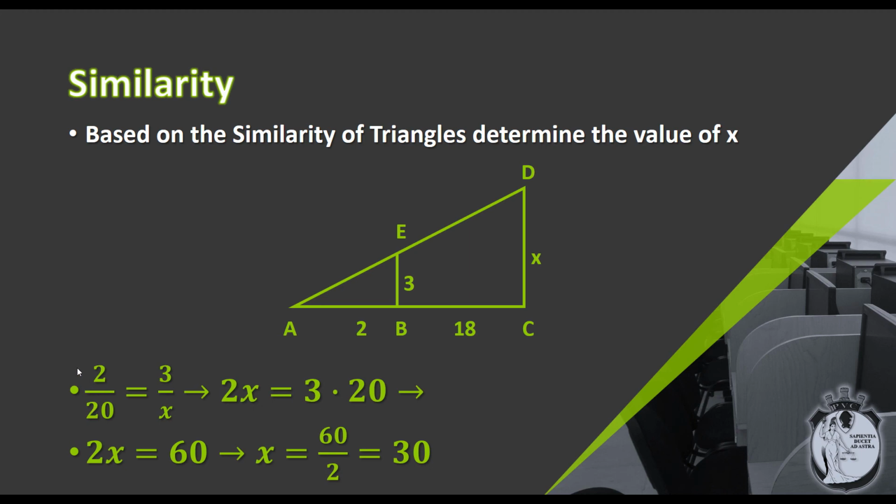So it means that the bigger triangle is 10 times greater than the smaller. So if you have a value of 3 here, you need to calculate a value 10 times greater. So this Y is 30.